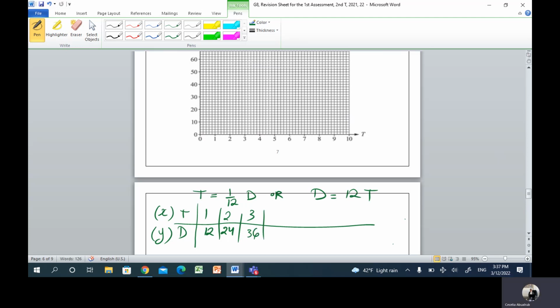What if you chose T as 4? So D will be 12 times 4, and the answer is 48. What if you chose it as 5? It's 5 times 12, so the answer is 60.